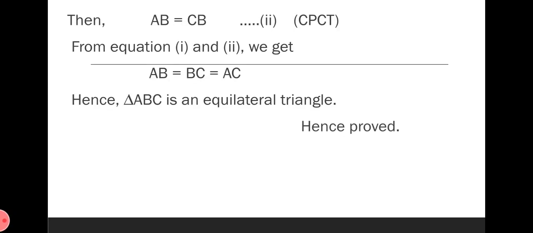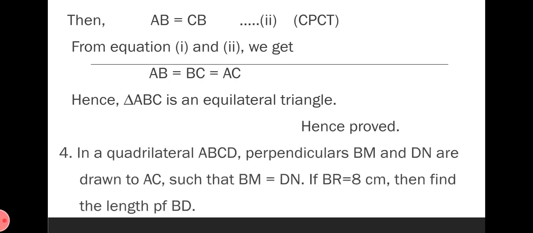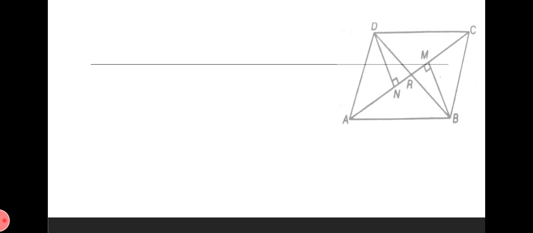Hence, proved. Next question. In a quadrilateral ABCD, perpendiculars BM and DN are drawn to AC such that BM equal to DN. If BR equal to 8 cm, then find the length of BD. Let's see the figure.